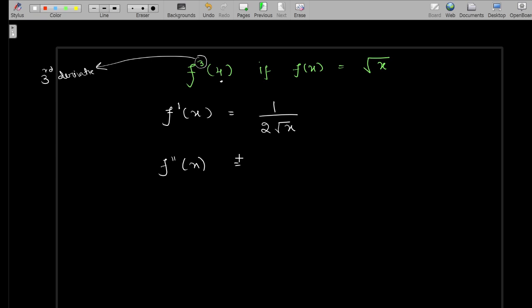Would it be 1 over root x? Now again you just write it in the notation, 1 over 2 times x raised to negative 1 half. Now try to differentiate this.